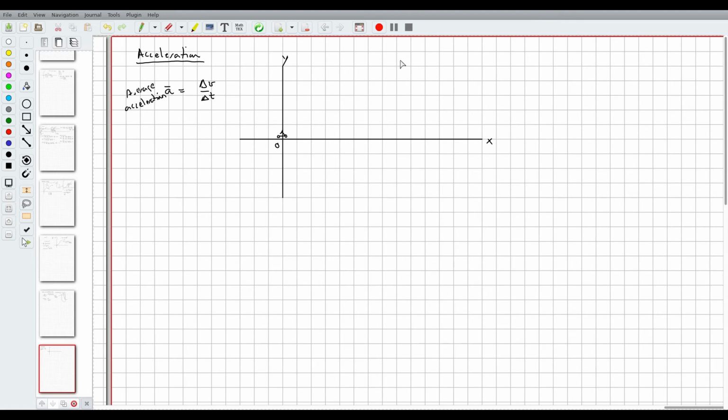So a motorcycle, initially at rest, accelerates to 65 meters per second in 8.1 seconds. What is its acceleration?